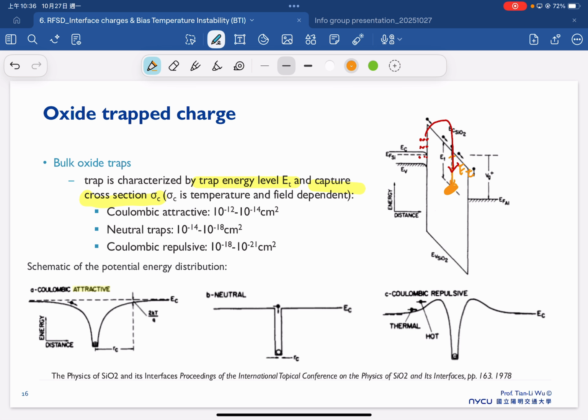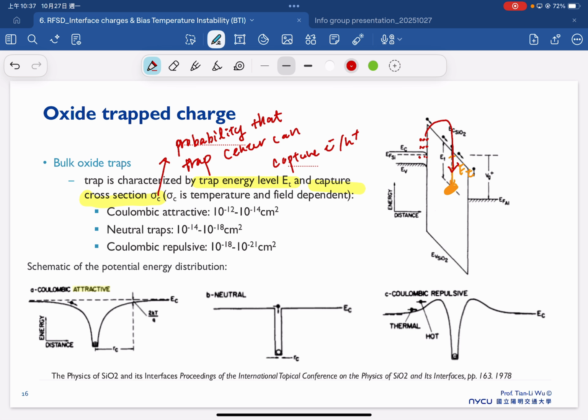The capture cross section is the one to describe the probability... So this capture cross-section is just a mathematical probability to describe whether the trap center can capture electrons or holes.